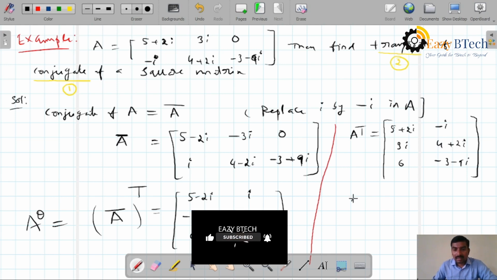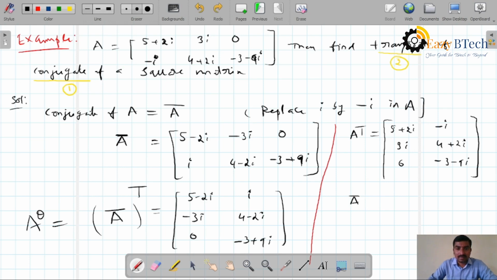Now we can calculate the conjugate of this transpose. The whole conjugate means replace i by minus i. So 5 plus 2i becomes 5 minus 2i. This is minus i; if you replace i by minus i, minus into minus is plus i.